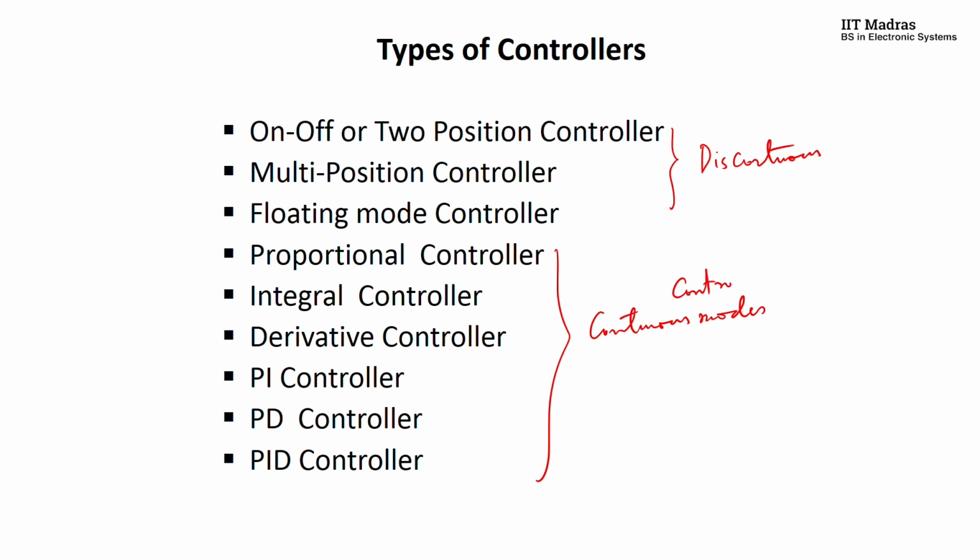So the first three are the discontinuous control modes. We will deal with them one by one, and then we'll get into the continuous control modes, starting from the P controller, I, and the composite controllers, which are PI, PD, and PID.